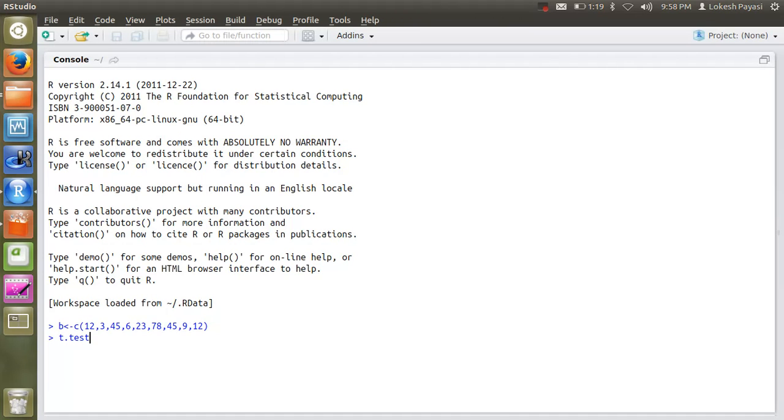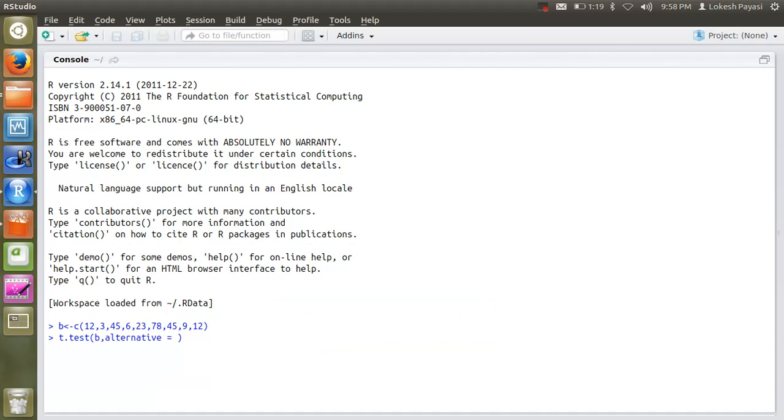The test is t.test. B is the vector we are talking about. Then we have to say which alternative hypothesis we are checking, so the argument is alternative.